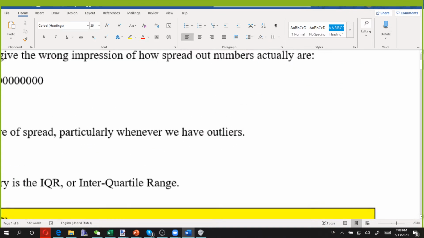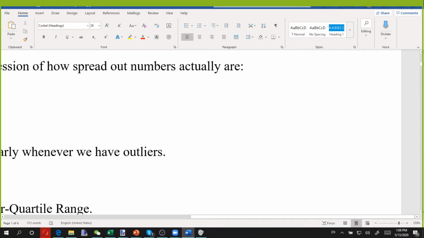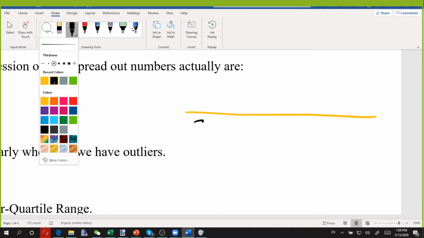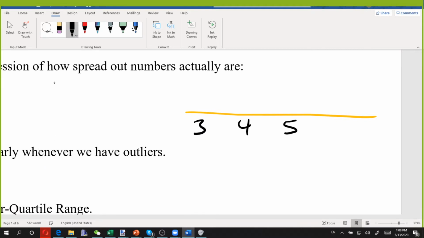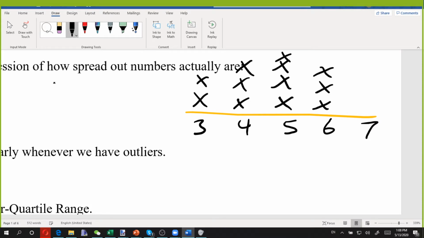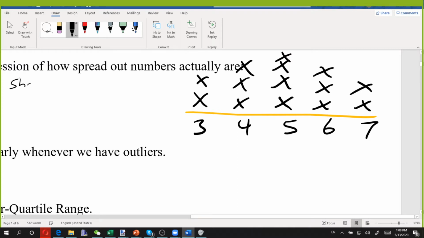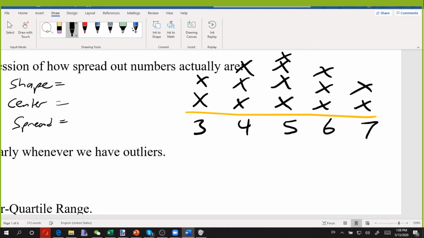So before I get into standard deviation, usually when we talk about a distribution, something like this, we usually talk in terms of shape, center, and spread. So for shape, for this particular shape, I've got a bell curve.